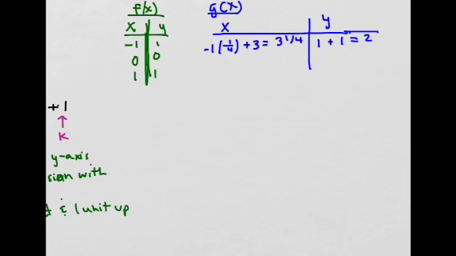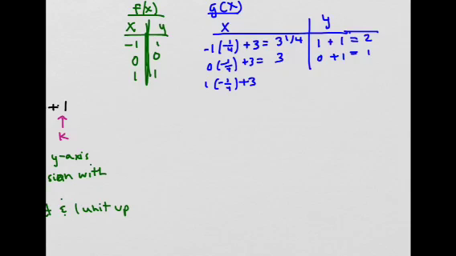Okay? Then we move on to 0, 0. Well, 0 times -1/4 plus 3, so that's 0 plus 3 is 3. Over here, 0 plus 1, we're adding k, that's all we're doing, is 1. And then the third point, 1 times -1/4 plus 3. So this is actually 3 minus 1/4, right? Because 1 times -1/4 is -1/4.